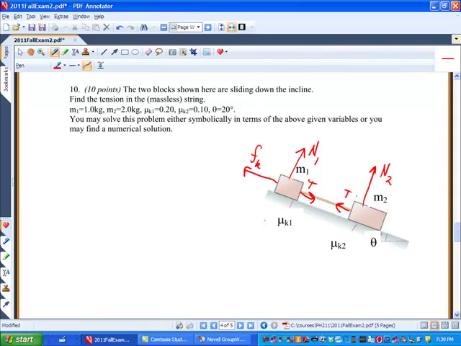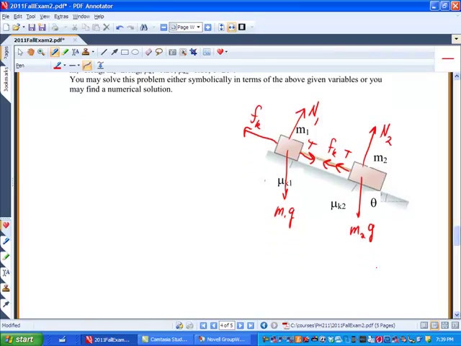There'll be a tension going up for the lower mass, as well as a friction going up. And both of them have weights. I think those are all the forces on the masses.